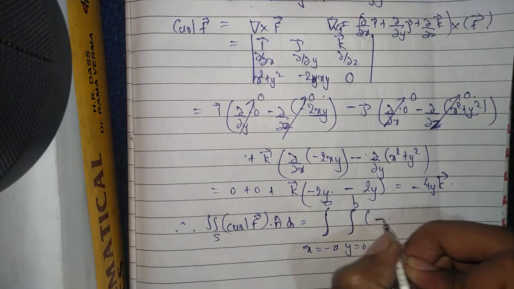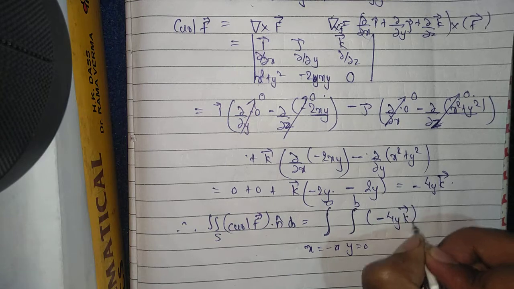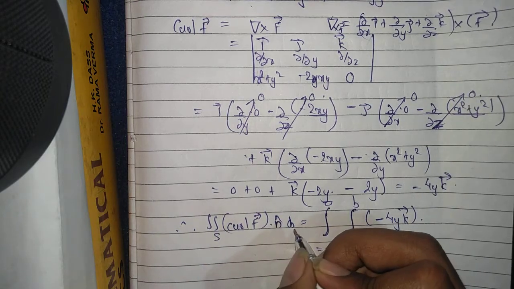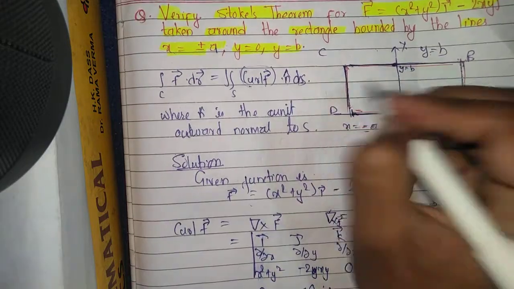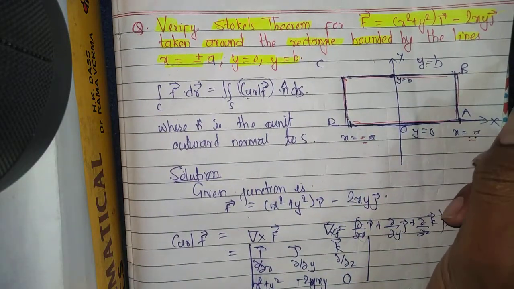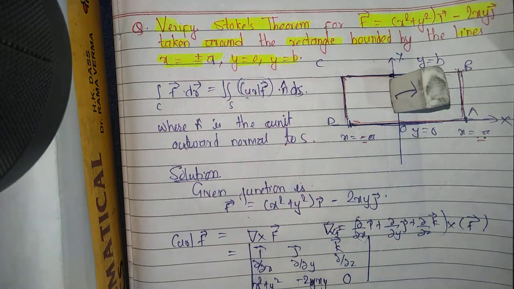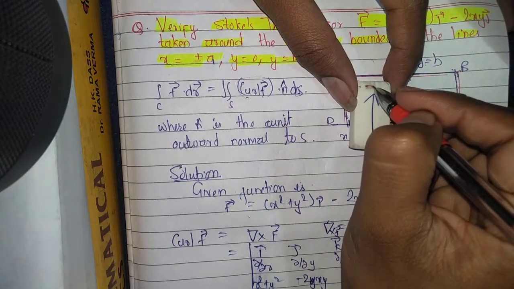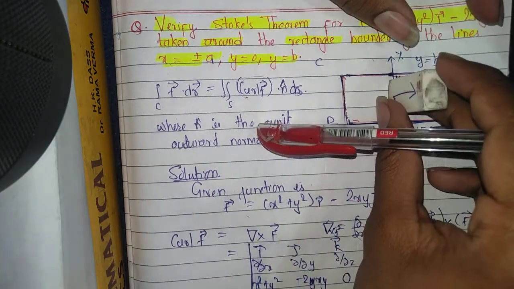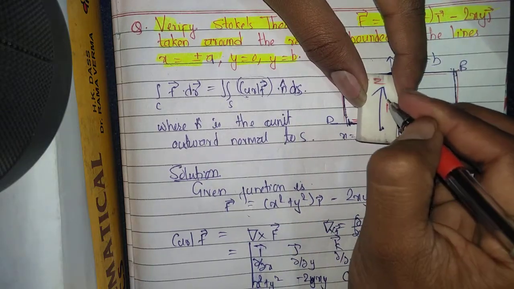Okay, and we have curl f vector is minus 4y k vector, and n cap means the outer direction normal to the surface. This is our surface, which is lying in the xy plane. So its outer direction will be along the z axis, that is, along the k vector.